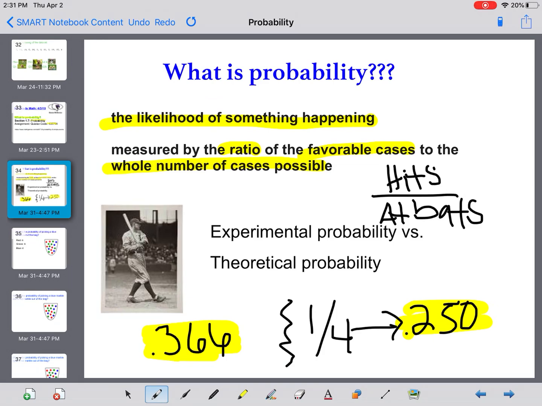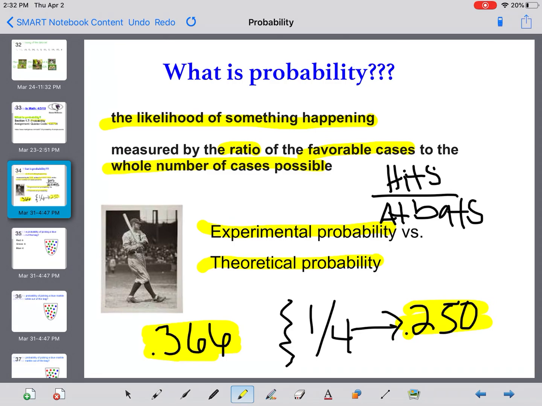Experimental probability would be, for example, let's say Ty Cobb here. He went 1 for 4 in a game. That means his batting average would be .250. Well, Ty Cobb, during his entire career, his batting average was .366.